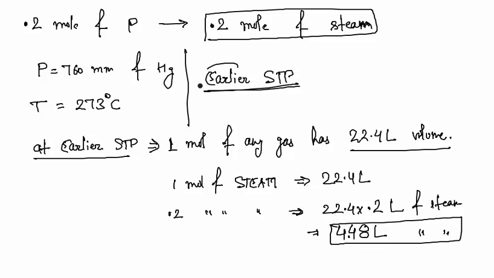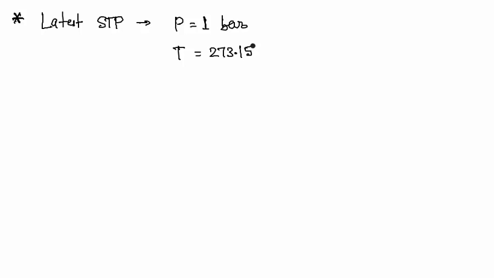Now what is the meaning of this earlier STP? Remember, this is again important if you are appearing for standard examinations. Nowadays the latest STP is defined as pressure 1 bar and temperature 273.15 degrees Celsius.